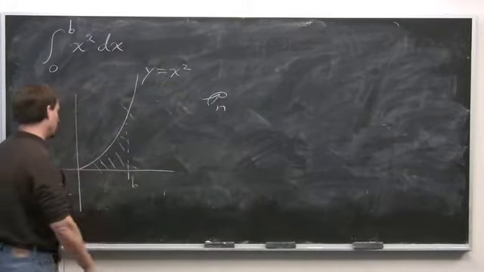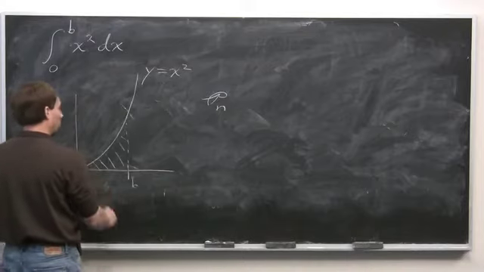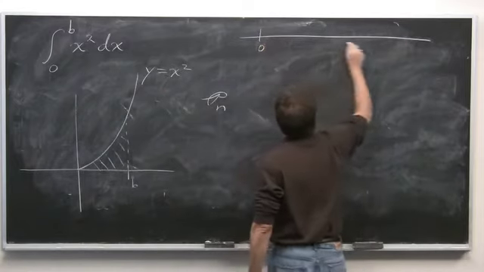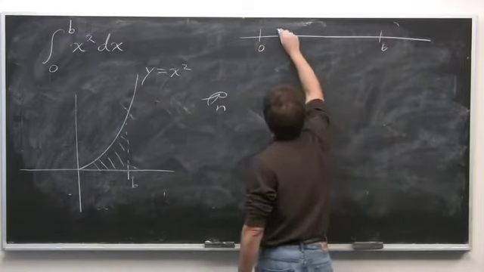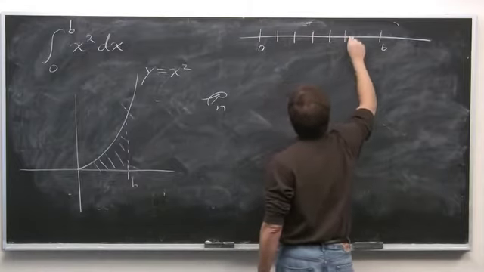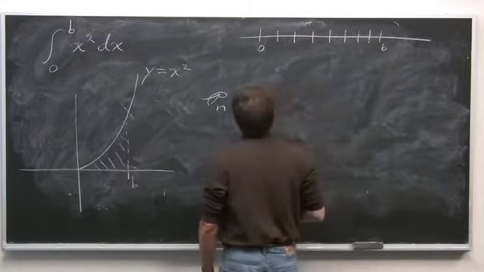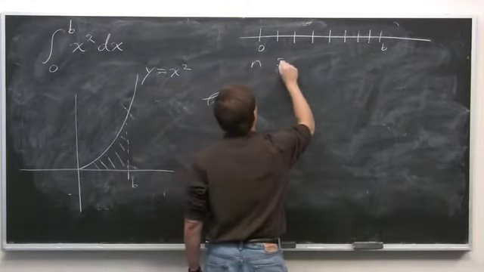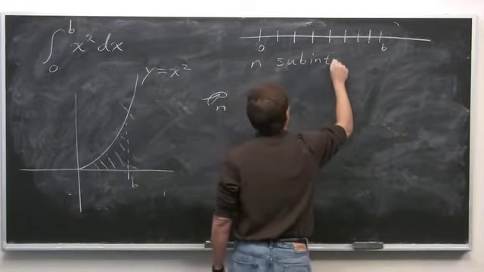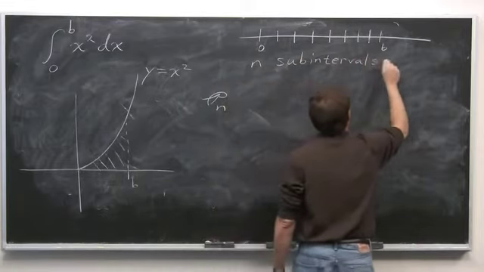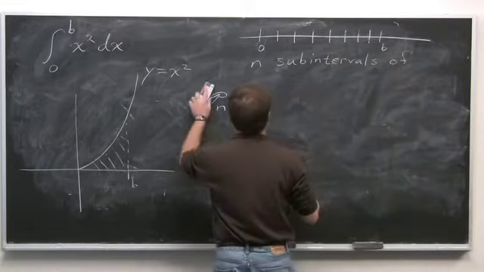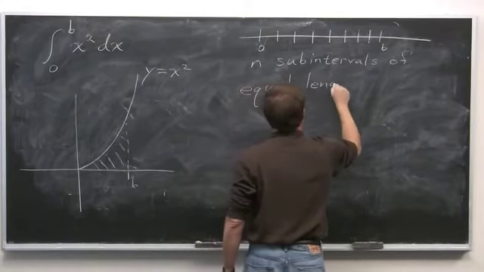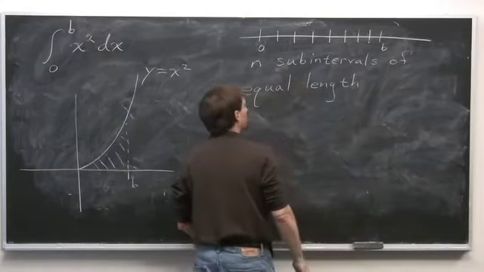I'm going to partition the interval from 0 to b into n subintervals of equal length.